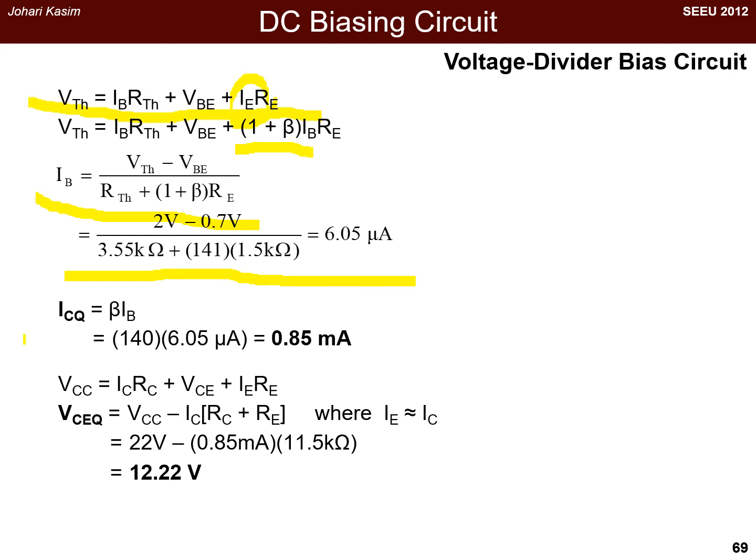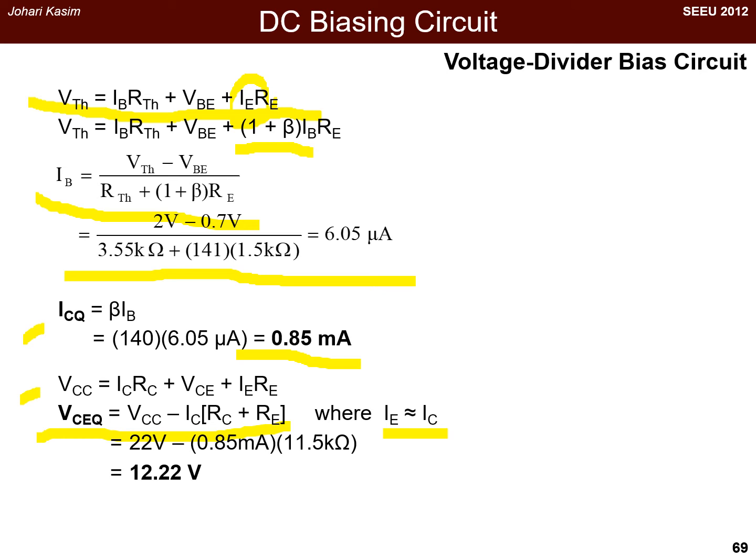Then you use the general formula IC equal to beta IB, so you can get IC equal to 0.85 milliampere. From the CE loop, you can get VCC equal to IC RC plus VCE plus IE RE. So you can get VCE equal to VCC minus IC (RC plus RE), where IE equal to IC.